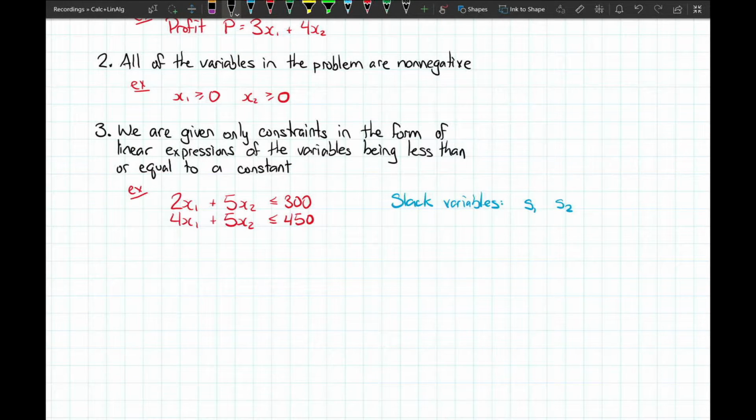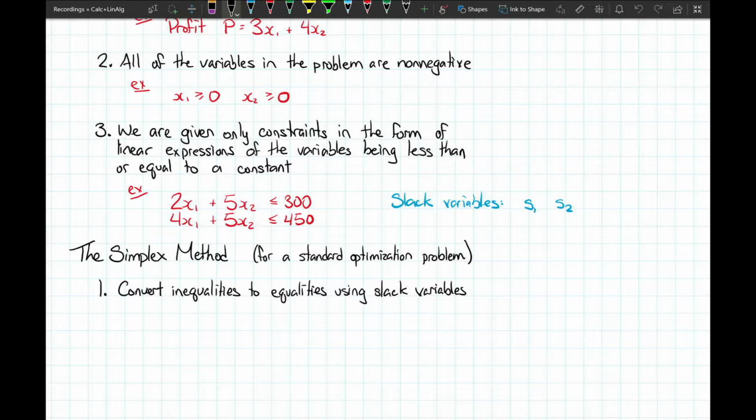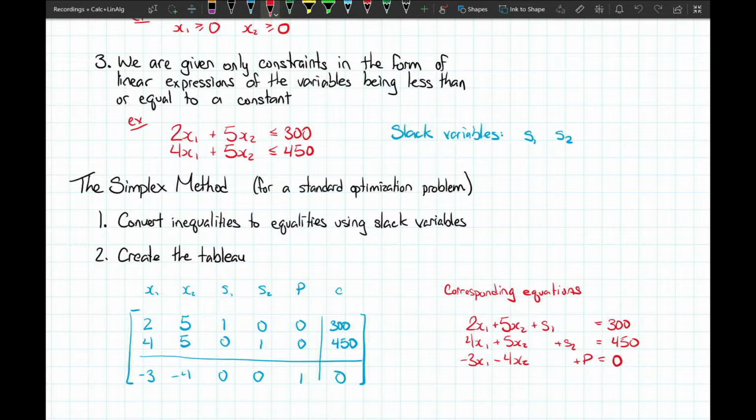So the first two steps in the simplex method are, step 1, convert inequalities to equations using slack variables, and step 2, create the tableau. So let's do that first. And here I've got the initial tableau. Of course, we put the basic variables first and the slack variables second, followed by the quantity to be maximized, followed by a column of constants.